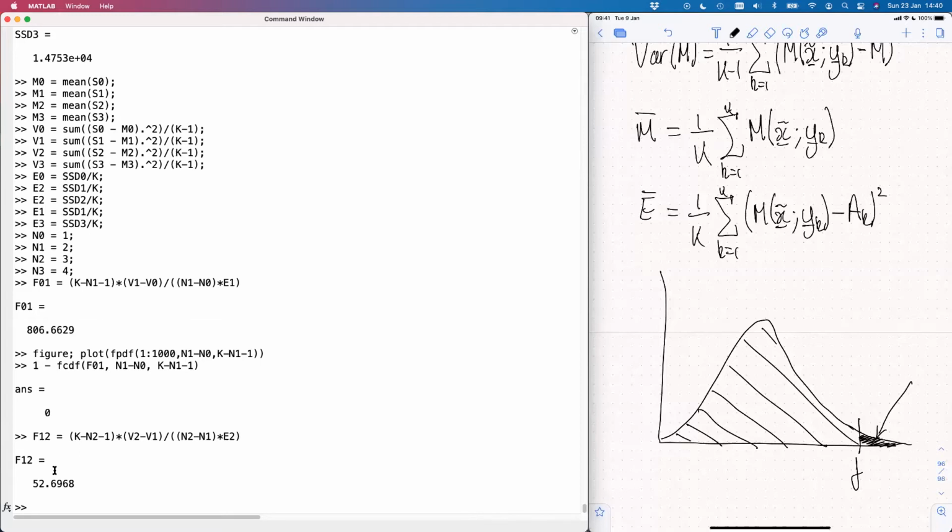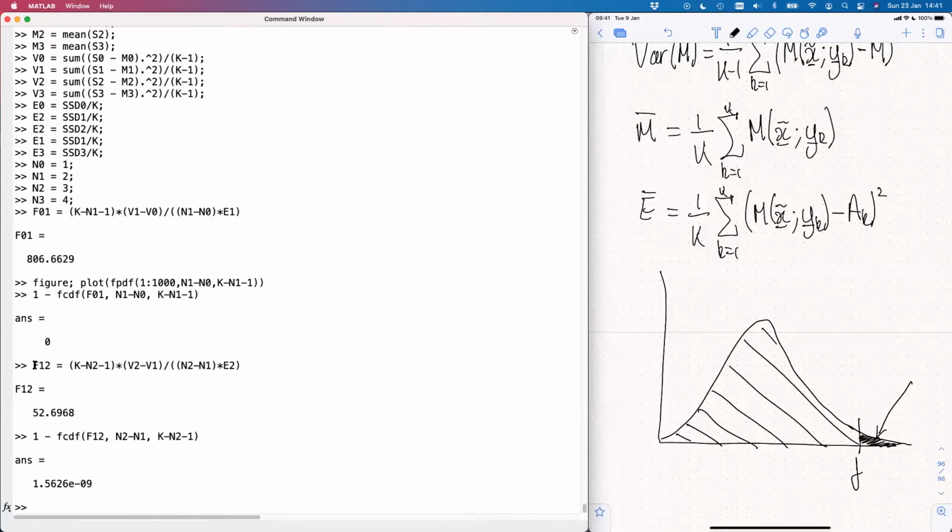Let's once again work out the p-value for this particular test, FCDF. Now we're looking at F12, N2 minus N1, and K minus N2 minus 1.